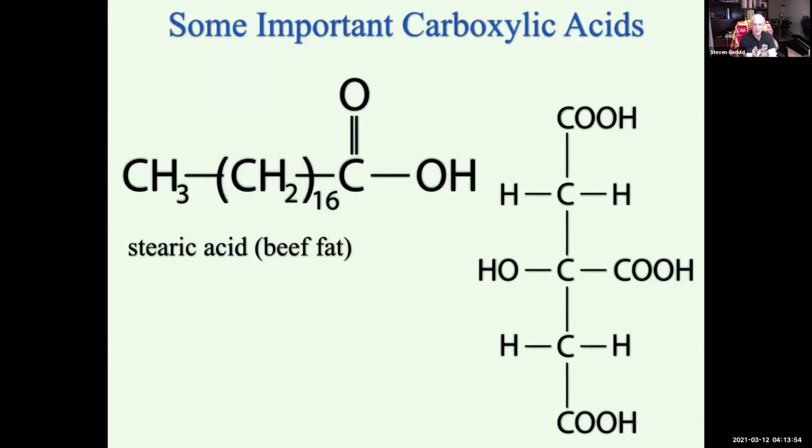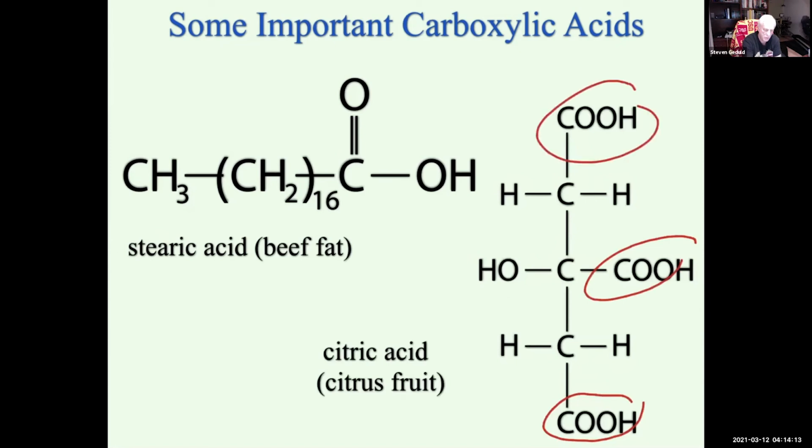This one here is citric acid. That's what gives citrus fruit its flavor, its smell. You can see there's actually 3 carboxylic acid groups attached and 1 OH group. So this would be 1, 2, 3, 4, 5 carbons.